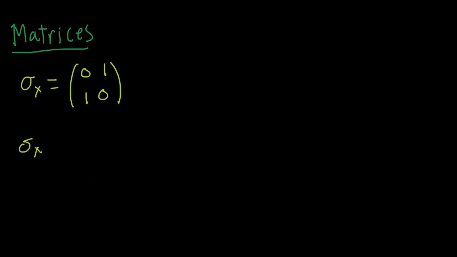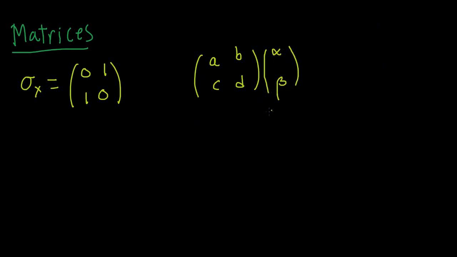So let me talk for a moment about matrices in general. So right here, I have a general 2 by 2 matrix because there are 2 rows and 2 columns. Now, you should really think about a matrix as a function which takes one vector to another.